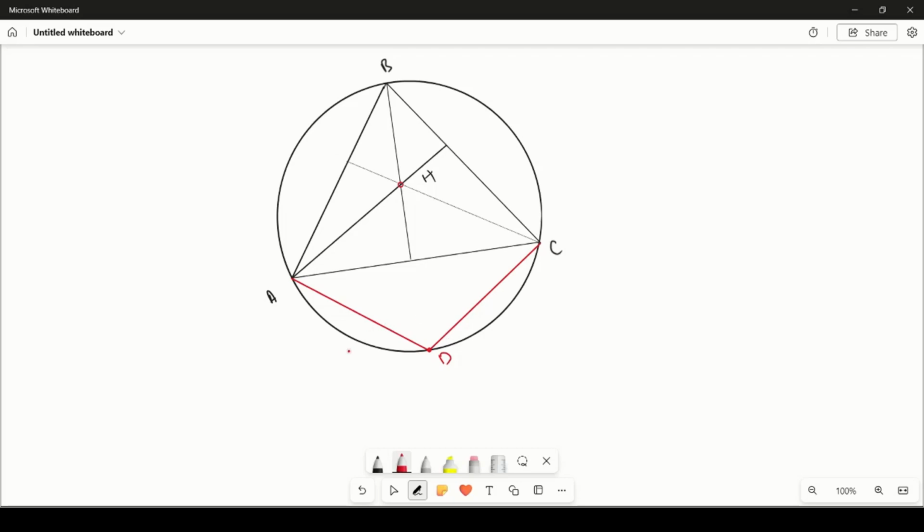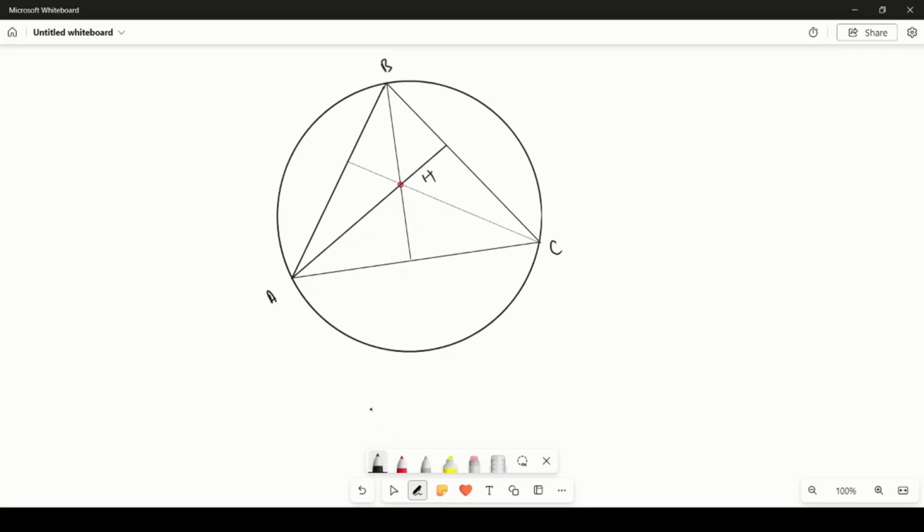So how are we going to prove this? Cyclic quadrilaterals have this property where if you take the opposite angles and sum them, you get 180 degrees, basically pi. So that's what we're going to use. We're going to give names to the triangle's angles.